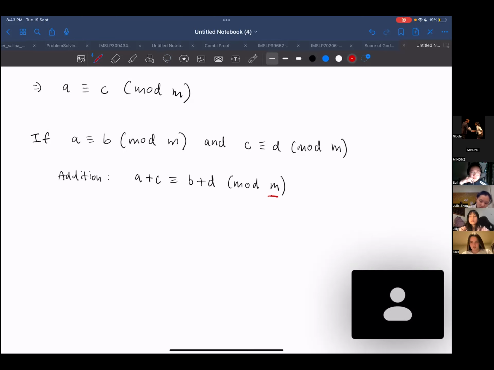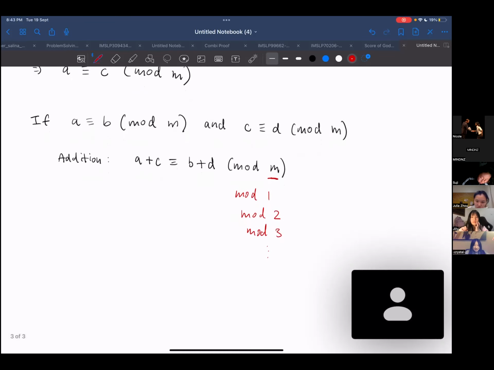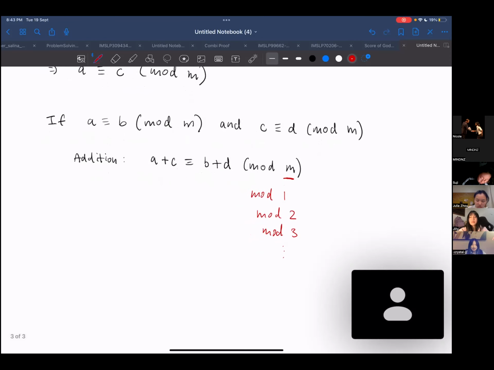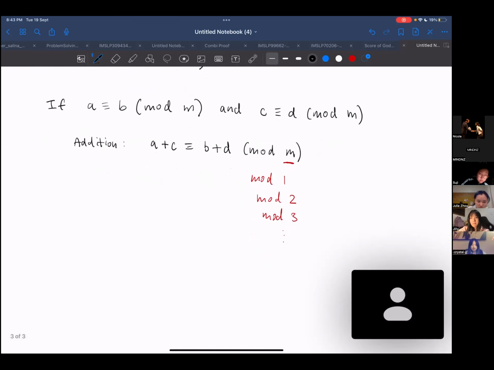So it's the thing that you're dividing by. So for example, you could have mod 1, mod 2, mod 3, etc. So M is just the number that you're dividing by. Okay, cool. Got that? Nice.